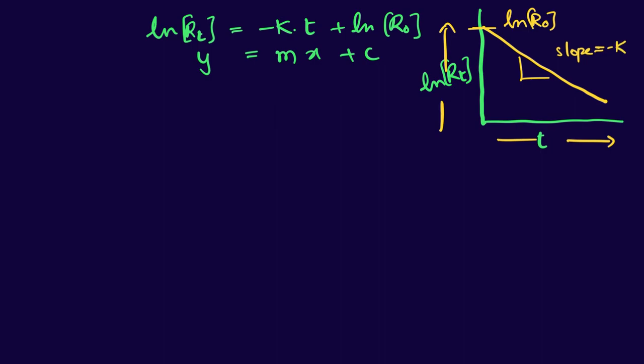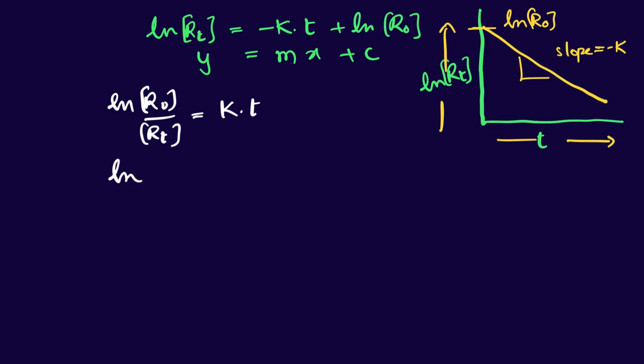So according to our previous equation, ln R naught by R at t time is equal to k into t.